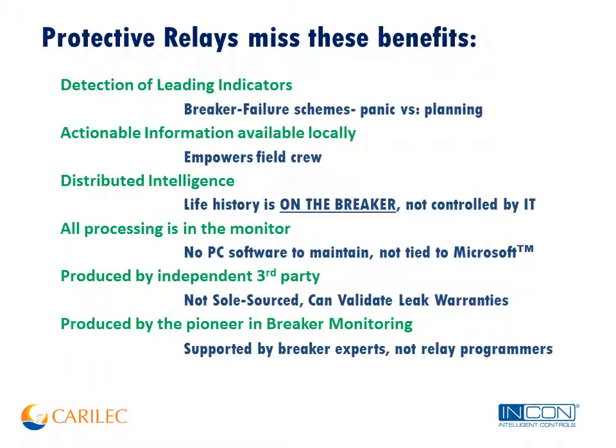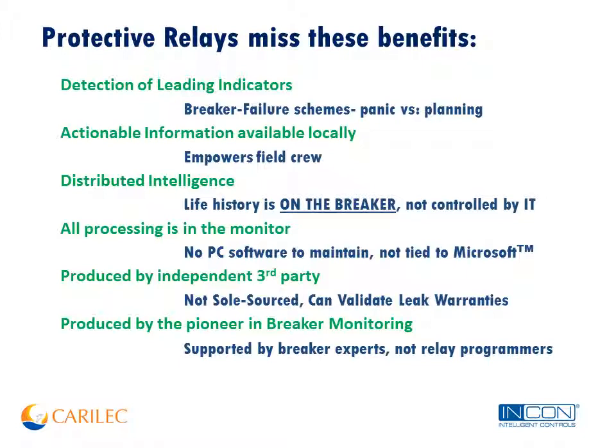So comparing this technology to what protective relays may offer, we find that protective relays miss these important benefits that we offer. Okay, we detect leading indicators of breaker failure. We're looking at speeds, and we can see trends of speeds, and we're looking at gas density, very sensitive to gas leaks.